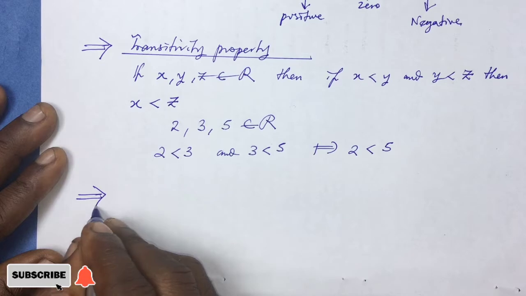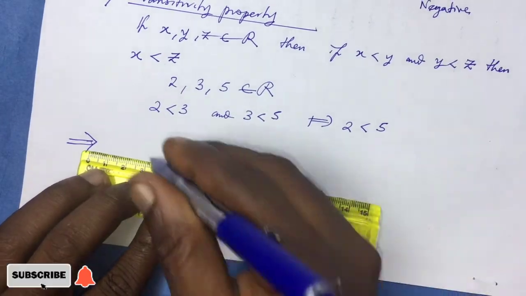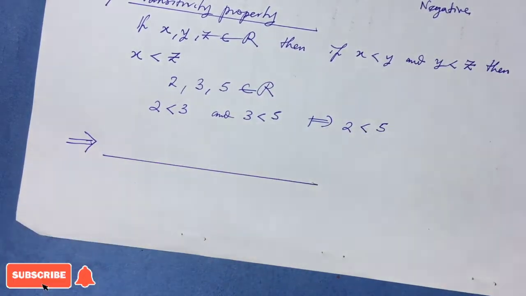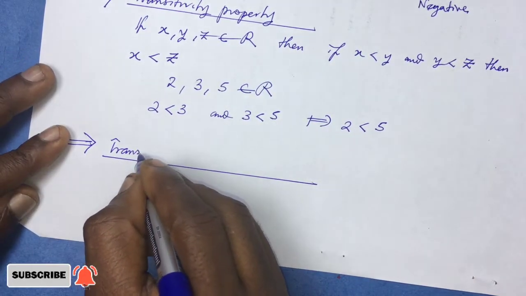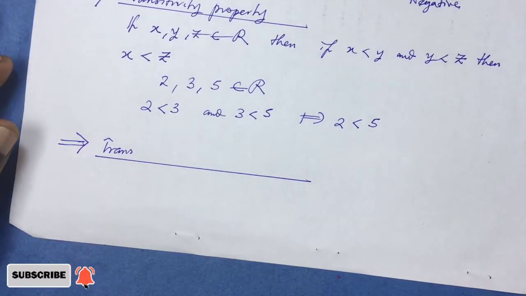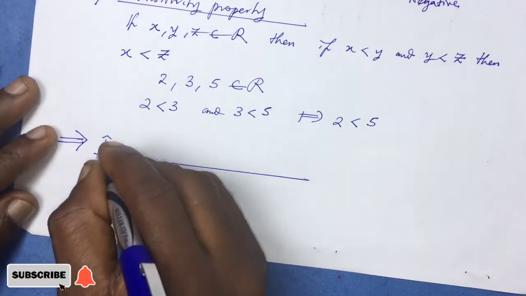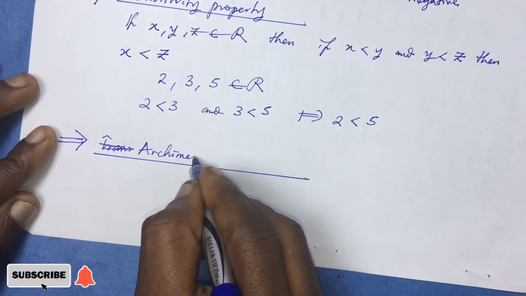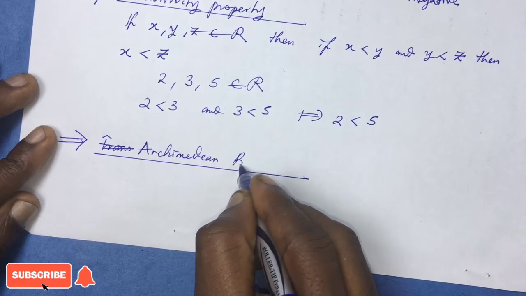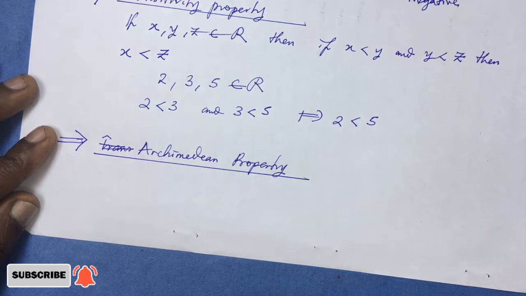That brings me to property number 3. What property do I want to talk about? Property number 3 is called the Archimedean property. Now, what does the Archimedean property talk about?